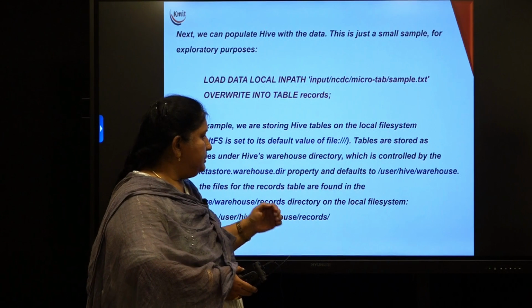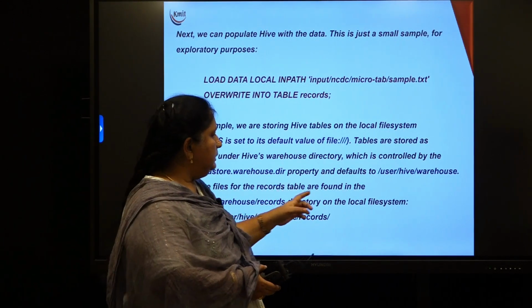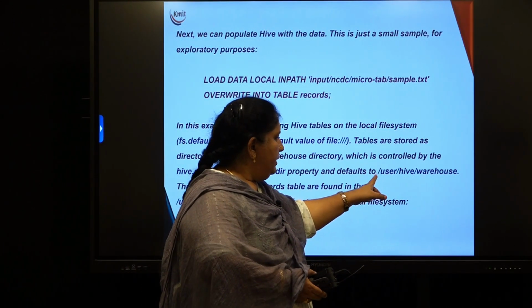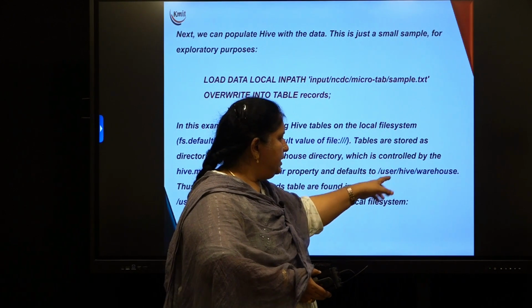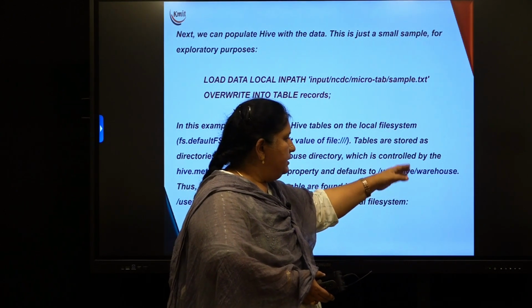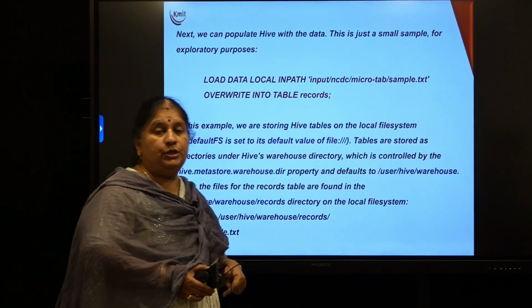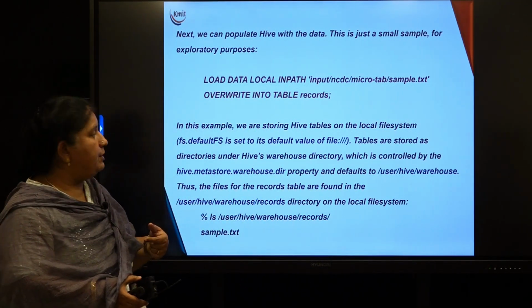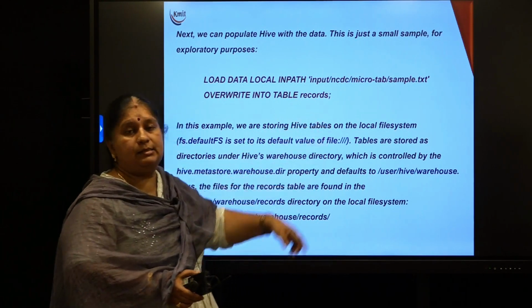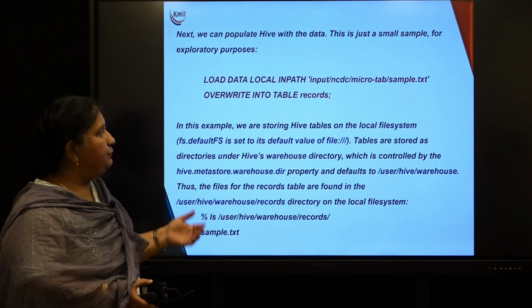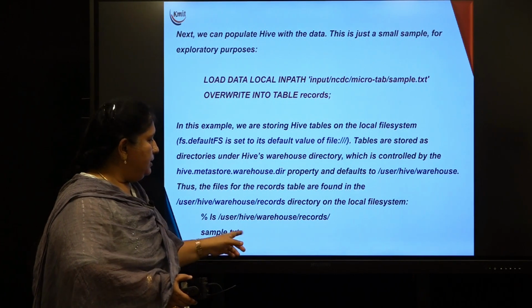So if you try to see what is the folder path, root folder, that is /user/hive/warehouse. This is the folder in which you will now find a new folder with the name of the table, that is records, in which you find a file called sample.txt.